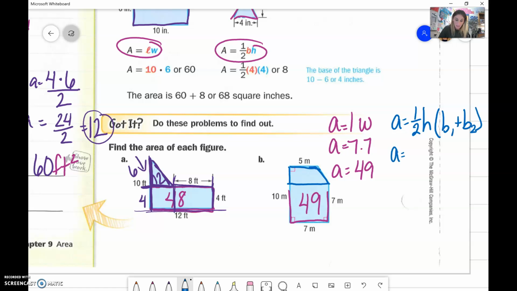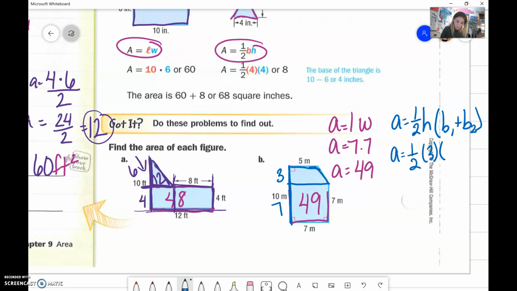So area equals 1/2. Let's figure out the height. Remember, the height has to go along the side. So here this whole thing is 10, but I notice that I use 7 of it from here, which means what has to be this space in order for it to all be 10 is 3. So my height is going to be 3.